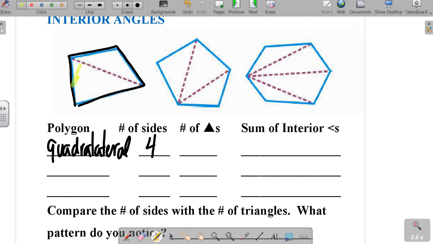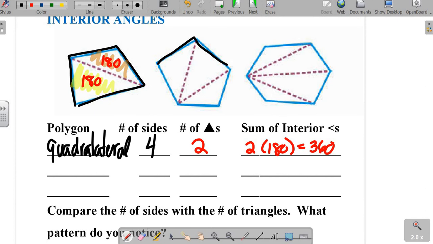Inside the quadrilateral, it has 2 distinct triangles. Each triangle adds up to 180. So if I wanted to find the sum of the interior angles of this quadrilateral, I would go like this. 2 times 180 gives you 360.